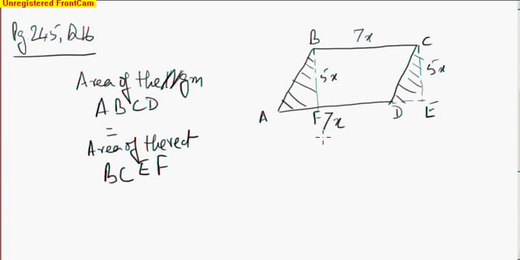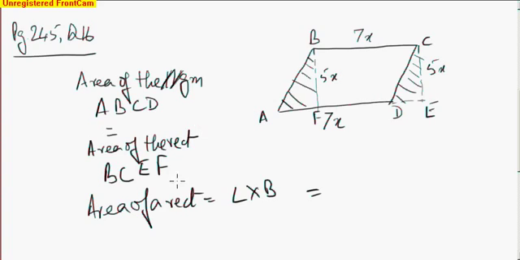Now in this rectangle, we know that the area of a rectangle is equal to length into breadth. We will try to solve it for the rectangle BCEF.